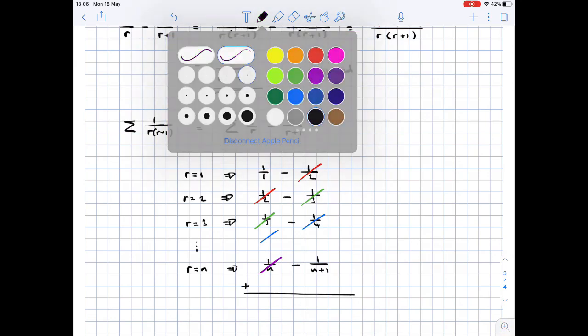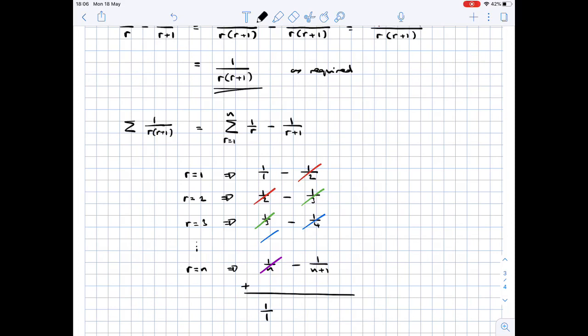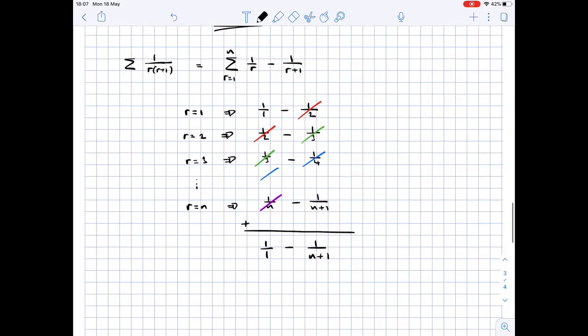And we can see now that we're left with 1 over 1 minus 1 over n plus 1, which simplifies to 1 minus 1 over n plus 1. So we now know that the summation from the first term to the nth term of 1 over r brackets r plus 1 is equal to 1 minus 1 over n plus 1.